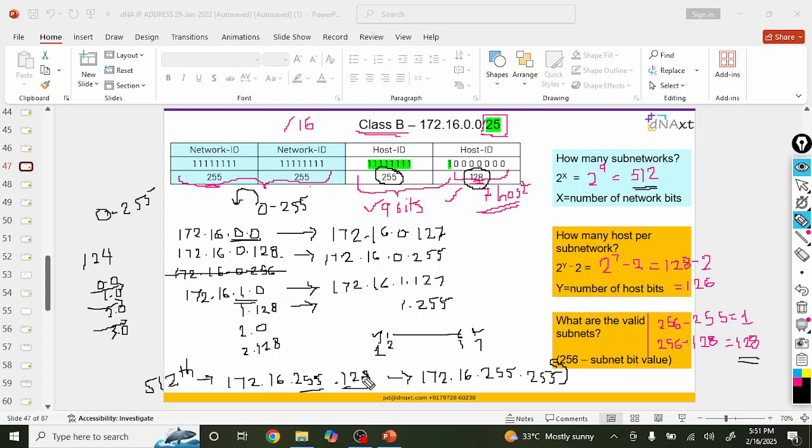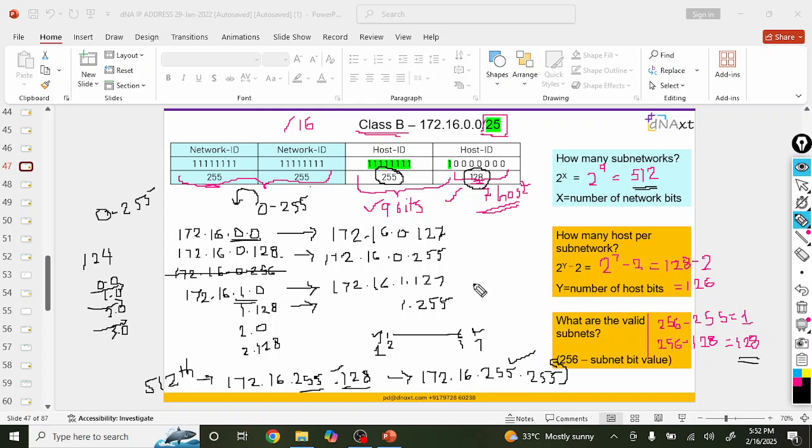In the same way, 172.16.255.128 to 172.16.255.255 is your range. You cannot use these two IP addresses because this is your network ID and this is your broadcast ID. So the first valid host, next to the network ID, is 172.16.255.129, and the previous, 172.16.255.254, is your last valid host.